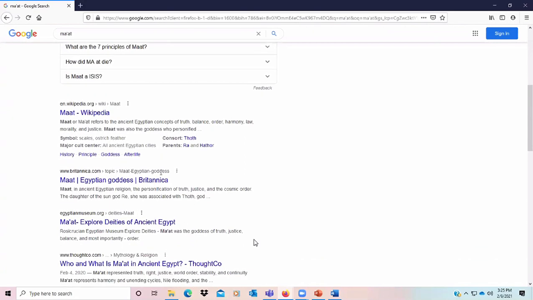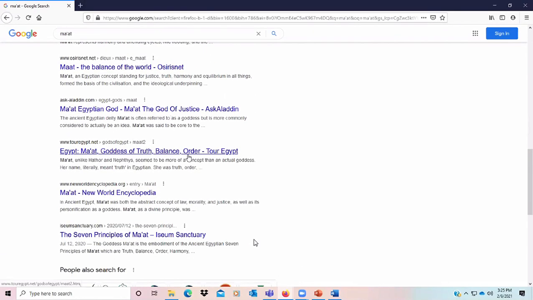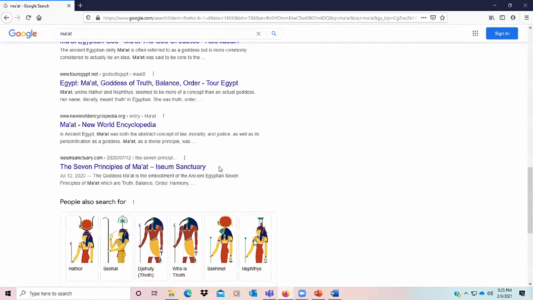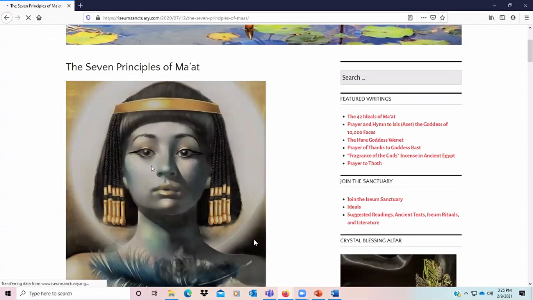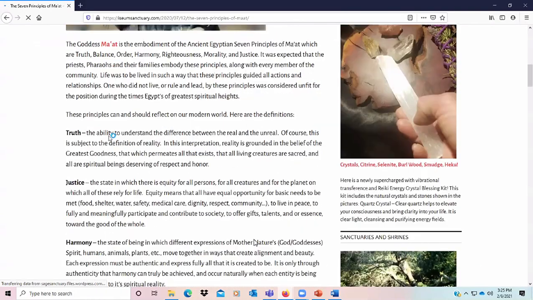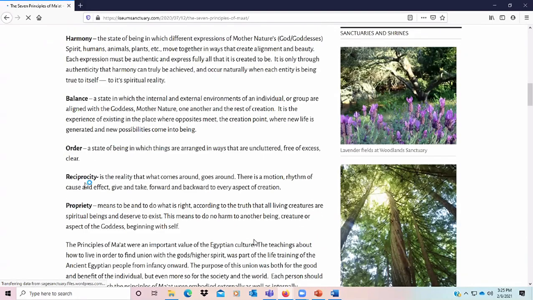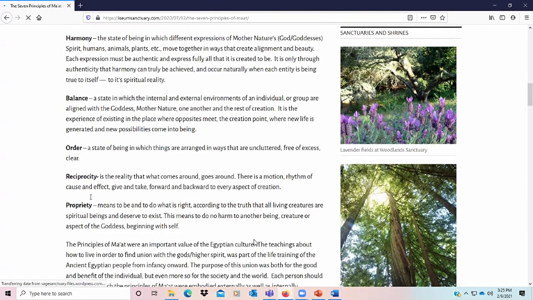That was Egyptian law. Right? So Egypt had laws. There were seven principles: justice, harmony, balance, order, reciprocity, and propriety.